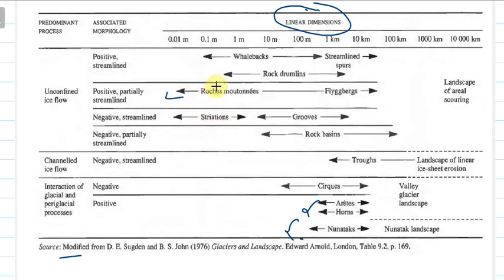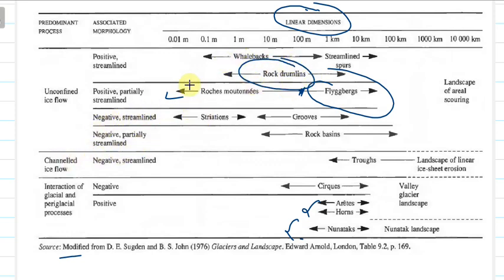ठीक है, Roche moutonnées are 100 meters, okay, till 100 meters, and 1 किलोमीटर के बाद क्या होता है? Flickbergs. तो क्वेश्चन आ सकता है कि Flickbergs क्या होते हैं? What are Flickbergs? So these Flickbergs are basically large rocky mountains. Okay. So drumlins हमने डिस्कस नहीं किया.